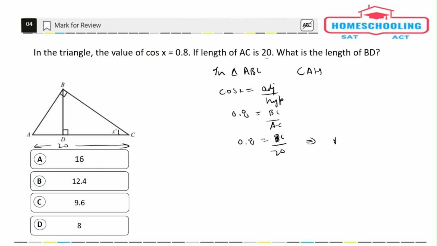Hence we can say that BC is 20 into 0.8, that would be 16. So BC is 16. So by using Pythagoras theorem, we can find AB.